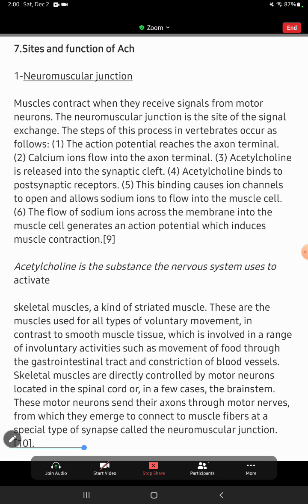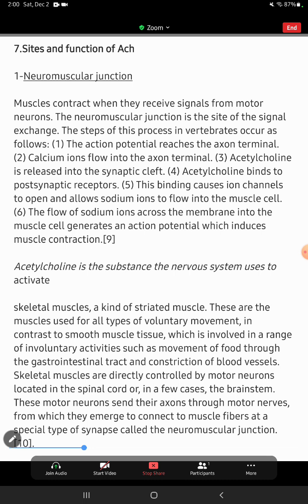The first step is that the action potential reaches the axon terminal. Then calcium ions flow into the axon terminal. Then acetylcholine is released into the synaptic cleft, and then acetylcholine binds to postsynaptic receptors.